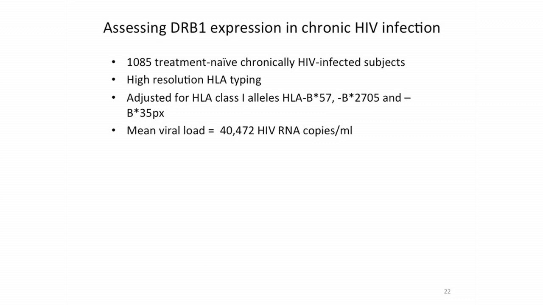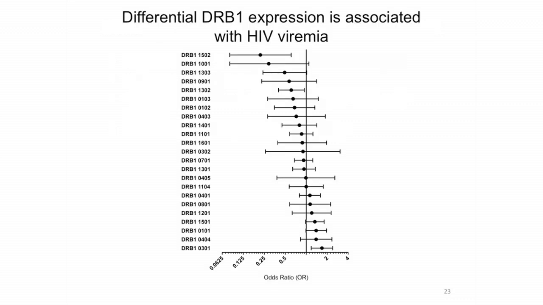The analysis was adjusted for all the protective alleles that have been described before, like B57, B27, or for rapid progression, HLA B35PX. And we asked whether the one or the other allele is more associated with protection or not. And it turned out that we had quite a fair number, but we didn't see any difference.